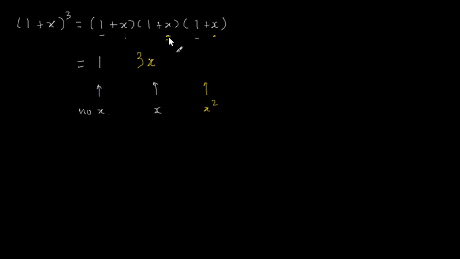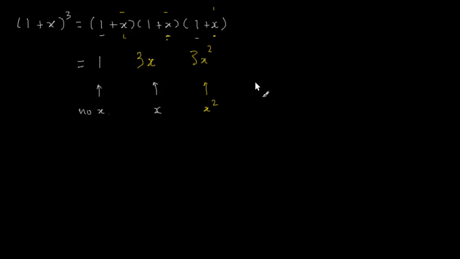So I can pick the x from these two brackets. That's one way. I can pick x from, say, those two brackets and not pick an x from there. That's another way. Or I can pick an x from, say, this bracket and this bracket. That's a third way. And in fact, that's all I can try. There are just the three ways I can pick the x squared. So therefore, I end up with 3x squared.